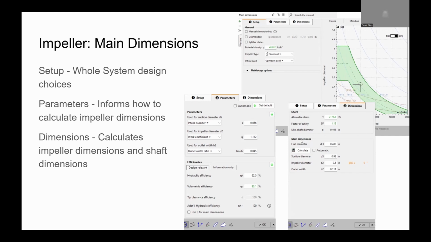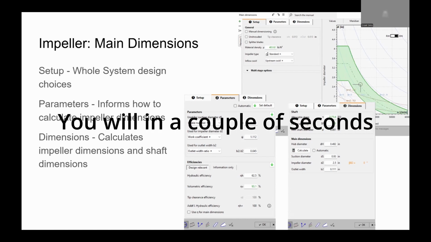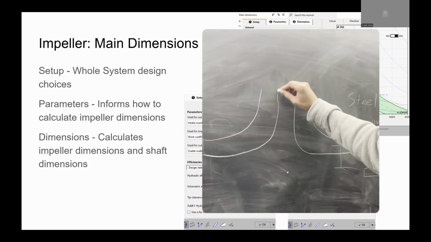And then for main dimensions, these were defined in the parameter section. Basically your hub diameter is going to be, if you imagine an impeller, it's going to have like... chalk. Unfortunately, the recording people might not get this, but here's a rough idea.